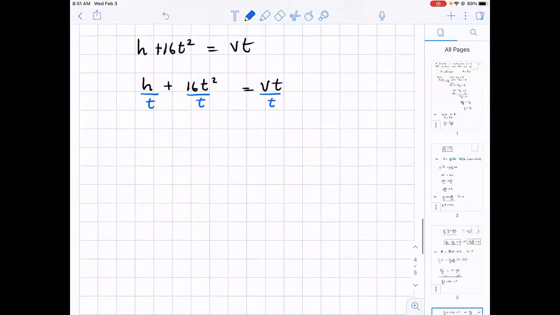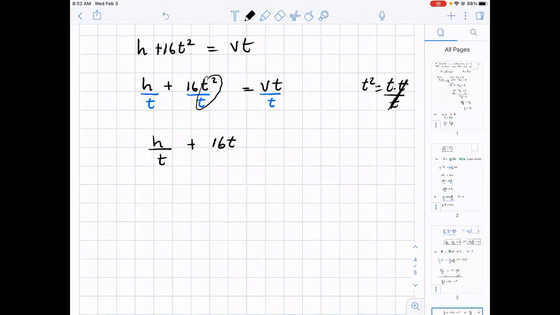When we do this, we have left h over t plus these two t's can be simplified, 16t, because t squared implies t times t, and if you're dividing that by t, one of the t's will cancel out.